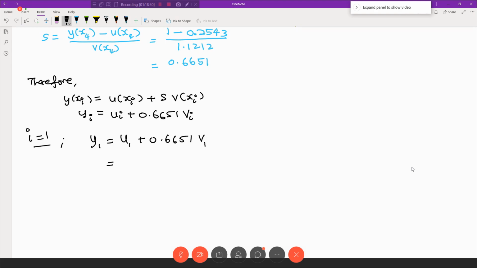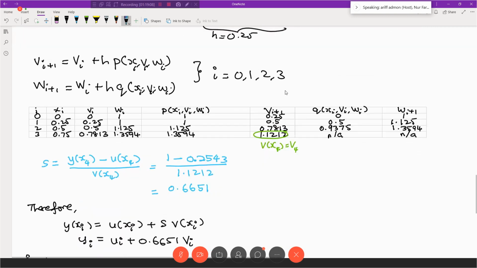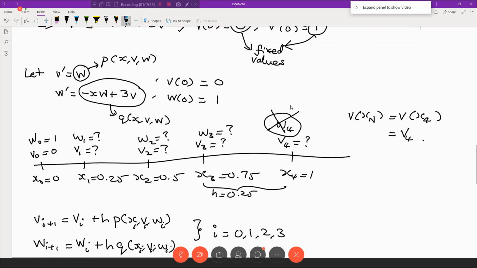Where is the value of u1 from? This is your u1, this is u2. Same goes for v1, v2.